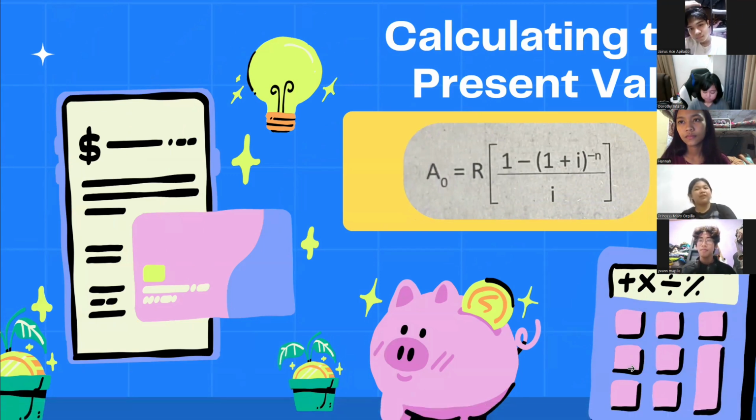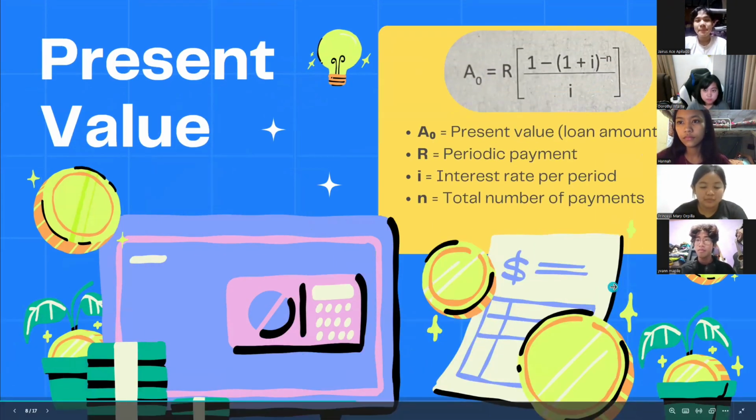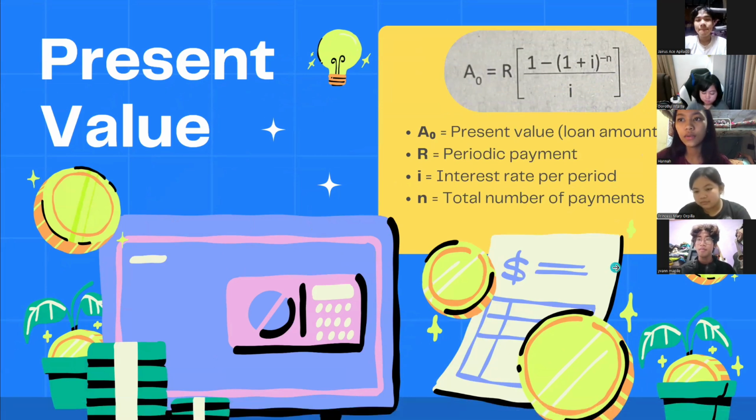So, what's the formula for calculating the present value? It is that A sub 0 equals R times the quantity of 1 minus the quantity of 1 plus i raised to negative n, over i. A sub 0 equals present value, loan amount. R equals periodic payment, i is equal to the interest rate per period, and n is the total number of payments.